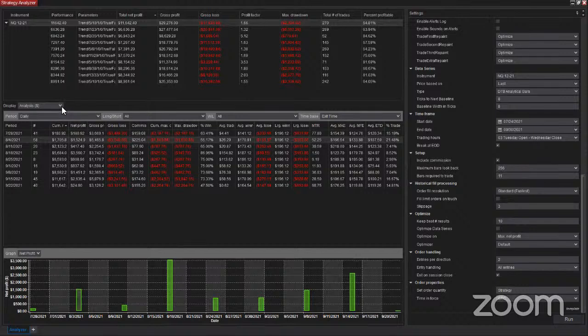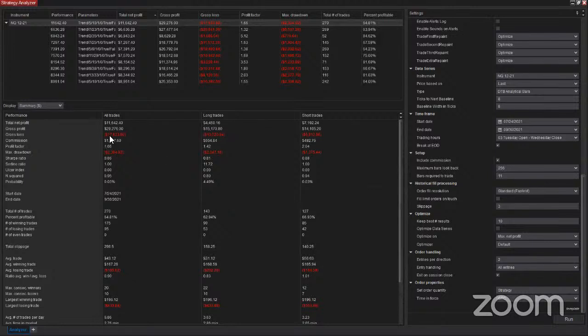Now remember that these results that you are seeing, it's including the commission. So the commission is already factored in there. You see, it's already calculating $1,047 as commission. It's also calculating slippage. So I put slippage in there, you see. So all of those trades, it's including slippage and it's including commission.